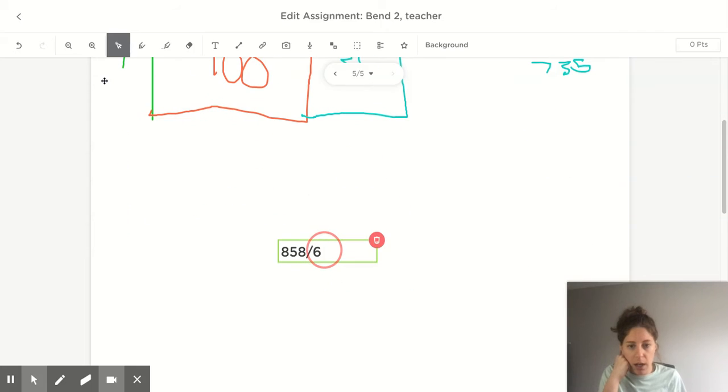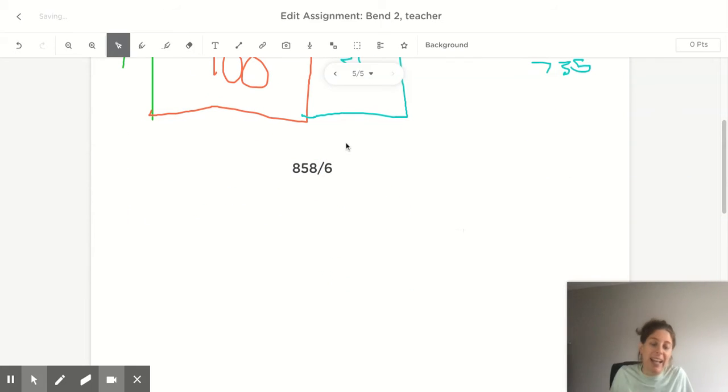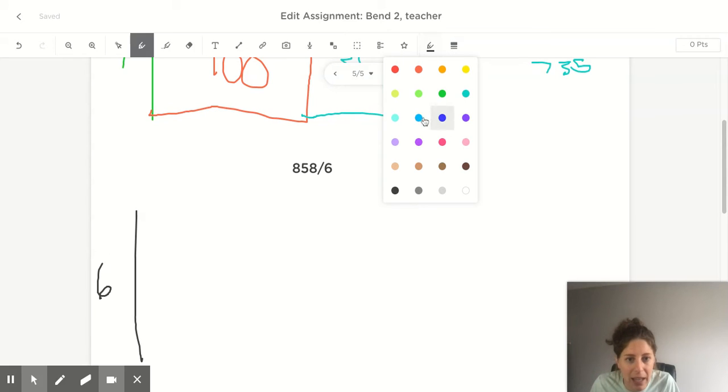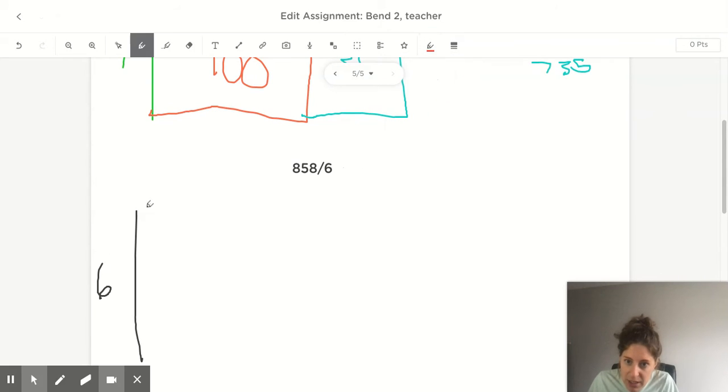Let's try one more. Ooh, okay. What if I have 858 divided by 6? Let me start by setting up my problem. So I'm going to split it up into like 6 rows. And again, I'm going to just start with 100. I know that 6 times 100 is 600, and this number is bigger than 600.